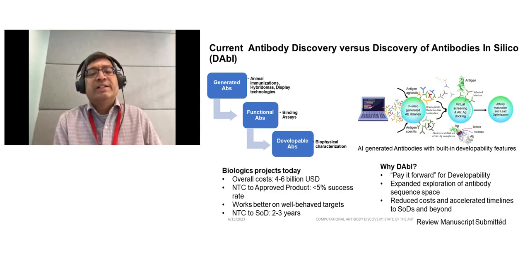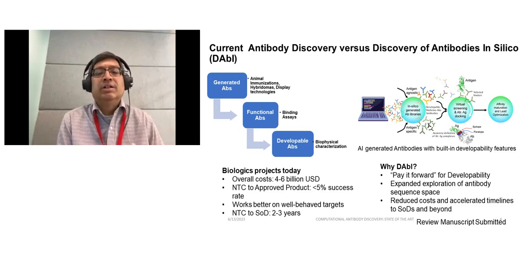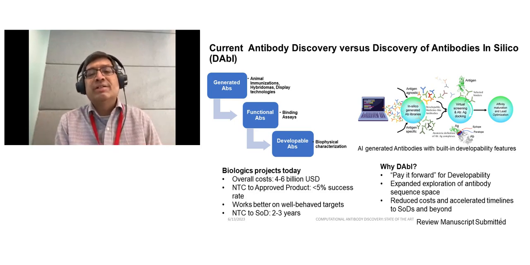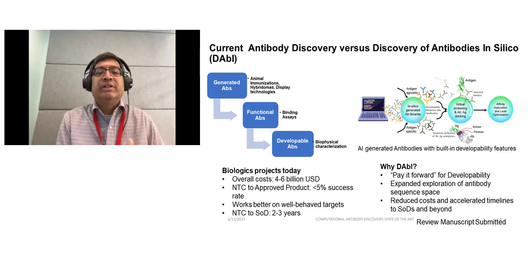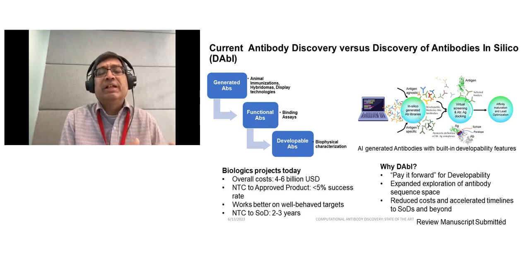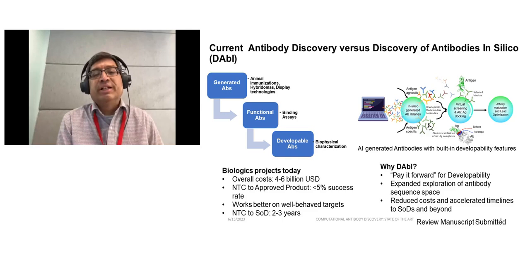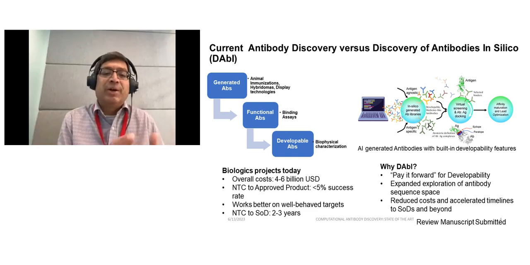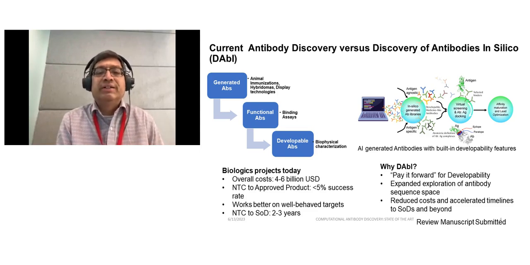Then we look for functional antibodies, the antibodies that bind to the antigen of our interest. Then we ask the question, are they developable? Are they something that we can make a drug product out of, something that I can commercialize? And of course, everything takes time and money and has costs associated with it.